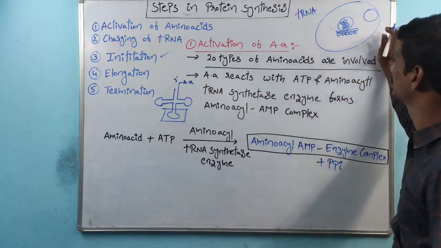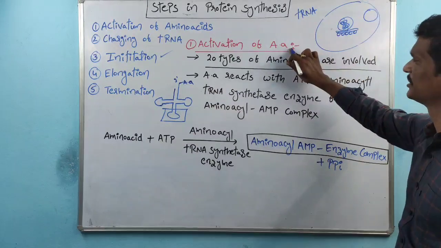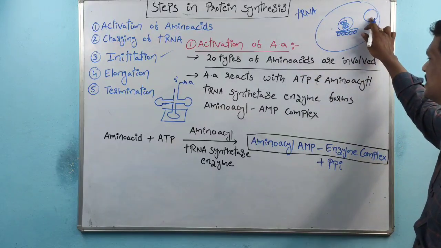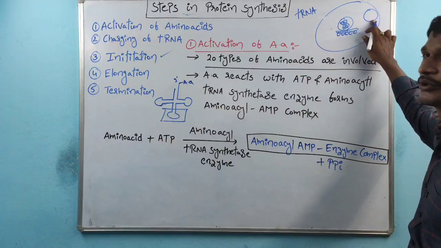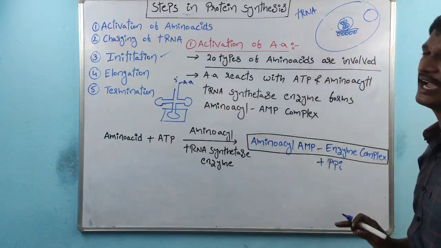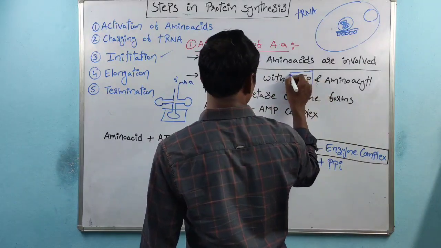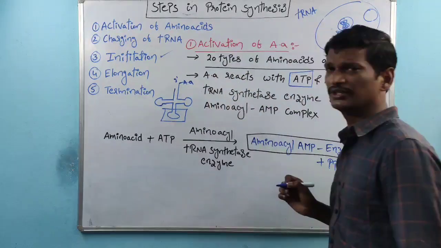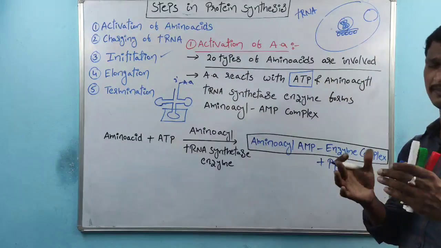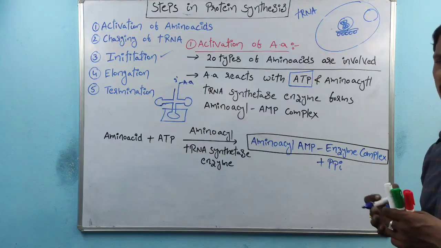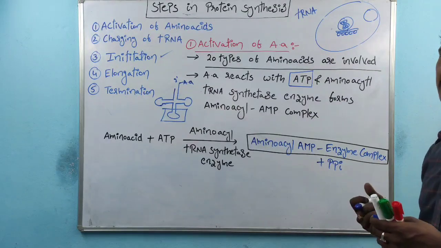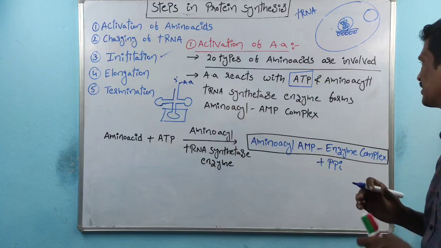So the very first step is activation of amino acids. The 20 types of amino acids involved in protein synthesis are activated. The amino acids react with ATP. When ATP hydrolysis takes place, the energy is taken by the amino acid and it is activated, right?